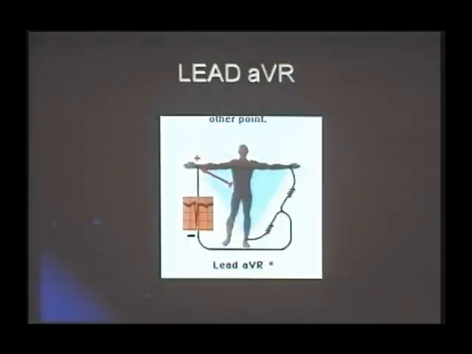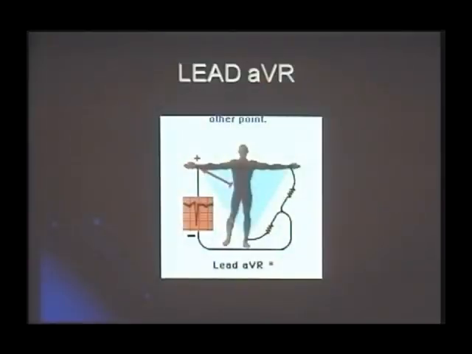They disconnected the limb of interest from the negative pole. For example, to record lead AVR, my limb of interest is the right upper limb, which I connect to the positive pole. Instead of connecting all three limbs to the negative pole, I disconnect only the right upper limb lead from the negative pole. You understand what I am saying? The limb of interest is disconnected from the negative pole.